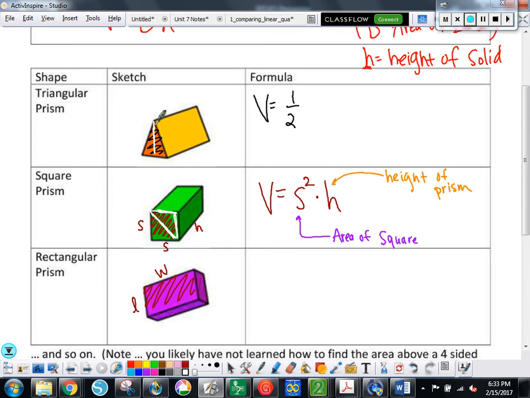Remember, I can't call it height because h is going to be something else. Let's call this right here the length. Let's call this the width. So the formula for the area of a triangle is 1/2 length times width, times the height of the prism. Again, this right here has to do with the triangle. This right here has to do with the prism.